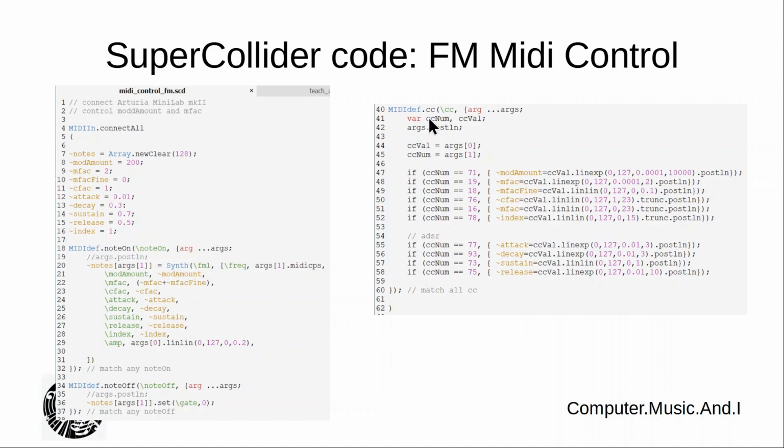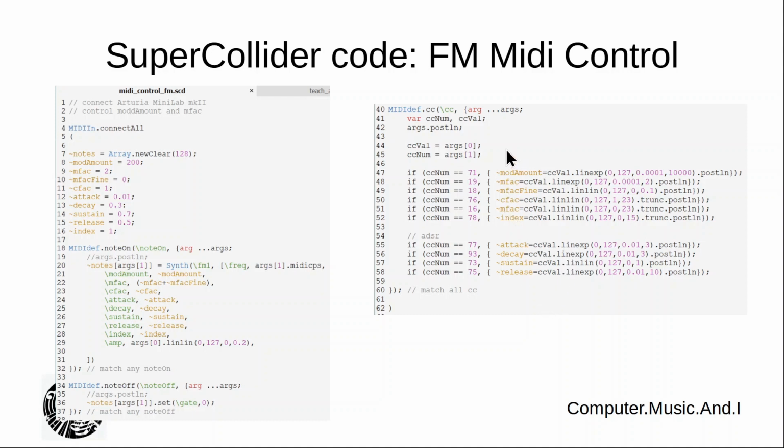And by checking for control changes, we are just using a certain knob. In this case, on my Arturia Minilab Mark II, a certain knob that can be turned and will give MIDI values between 0 and 127. And then we basically just map the value to appropriate values for mod amount, for MFAC, MFAC fine, and stuff like that.